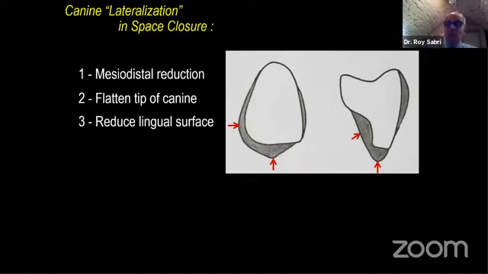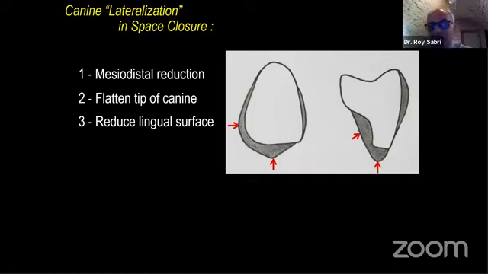But that's the most important point that Everson did not insist on, is to reduce the lingual surface, because the canine is thicker labiolingual. And if you don't reduce the lingual surface, you're going to have bulging, and the canines are going to look out and very anesthetic and showy.